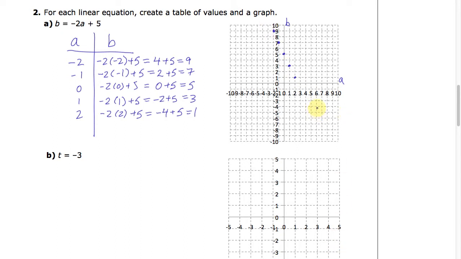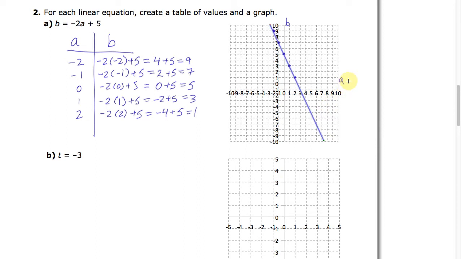Now this only takes me part of the way across the grid. Of course, I could certainly continue this pattern beyond that, so I could continue to go down 2, right 1, down 2, right 1, and so on, down 1, right a half.